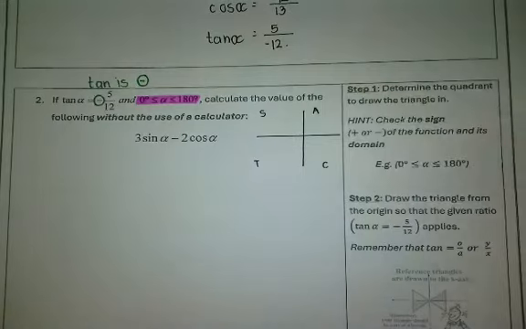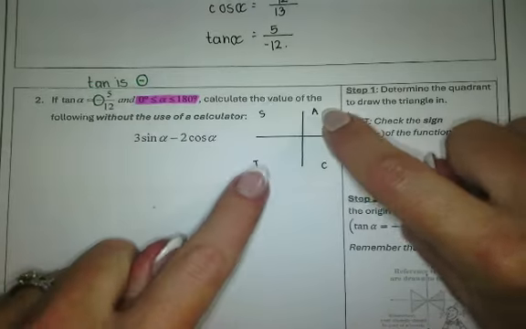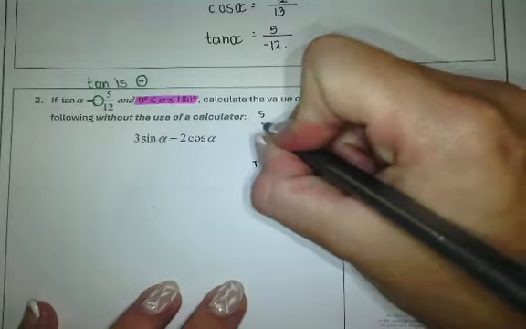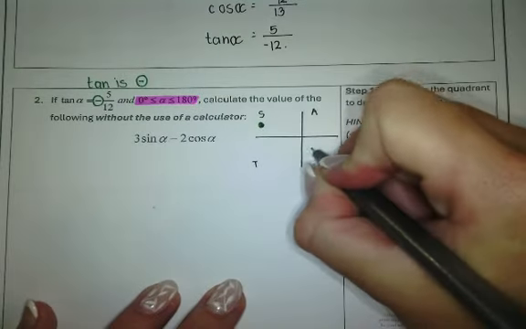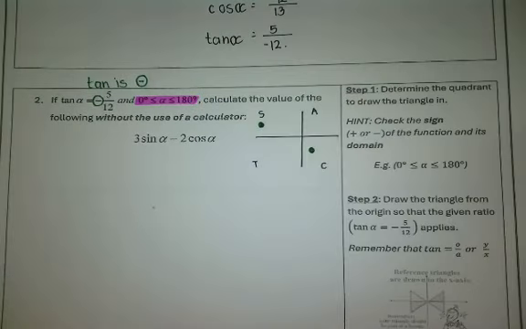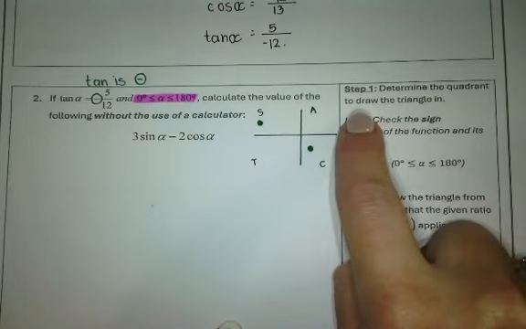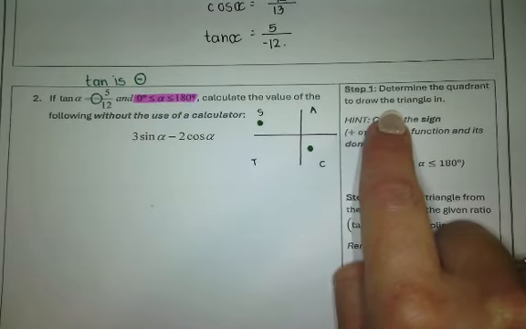Here tan is positive, here tan is positive, so where is it negative? I'm going to put a dot here. So it's here and here. Is it fine if we draw that before we continue? Yes. Okay, look here.